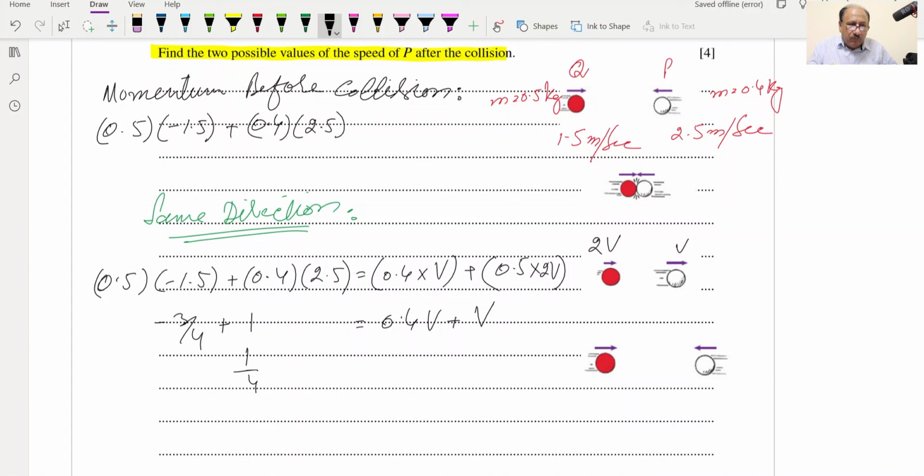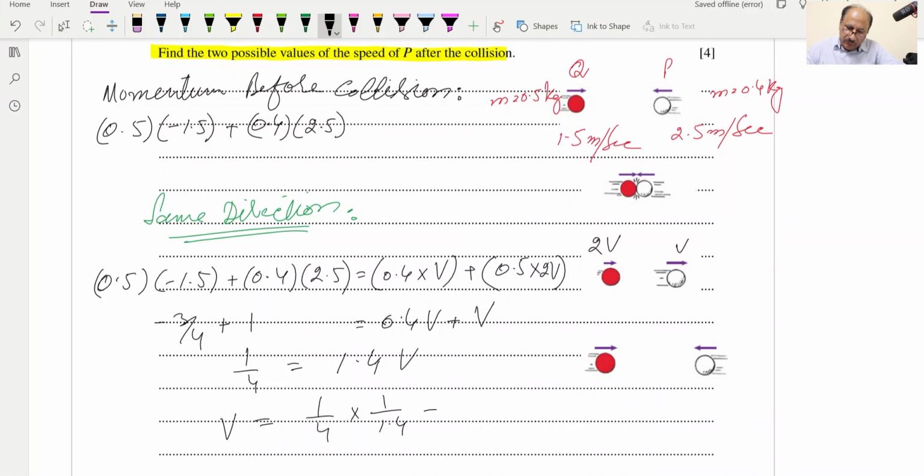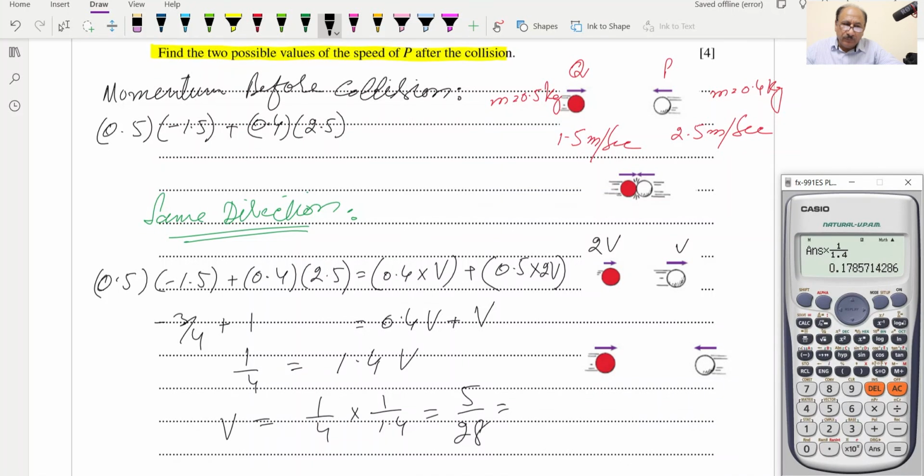So 1 by 4 equals 1.4V. We can write V is equal to 1 over 4 divided by 1.4, multiplying by 1 over 1.4, and this results in 5 over 28.